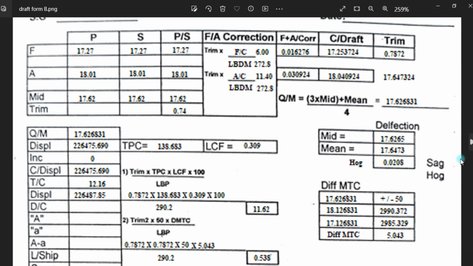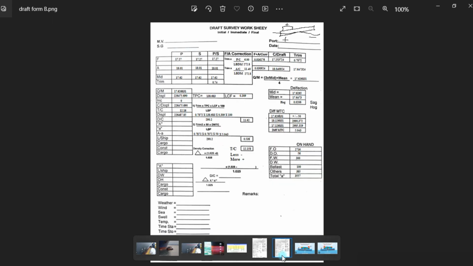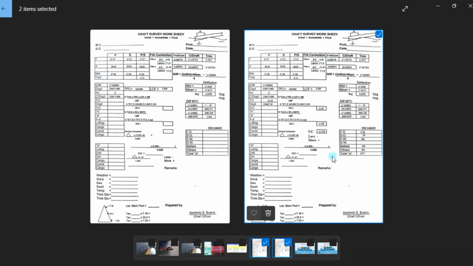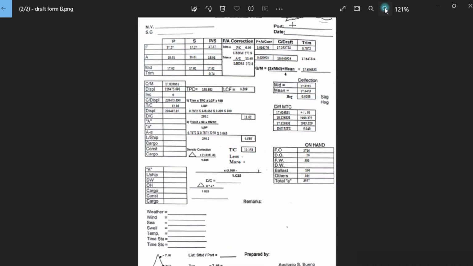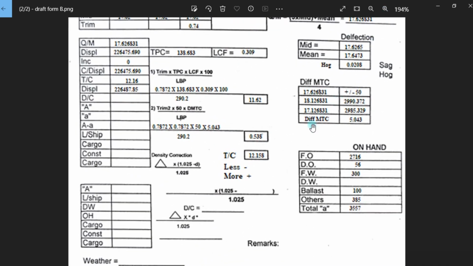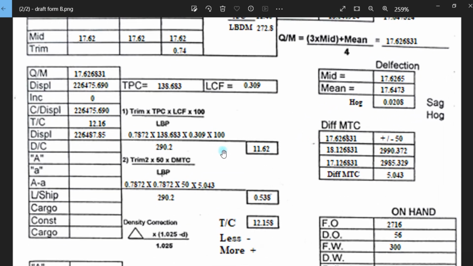Trim correction number one will be trim times TPC times LCF times 100.